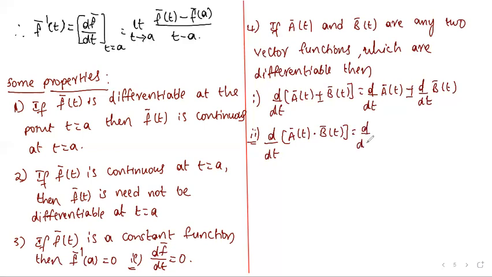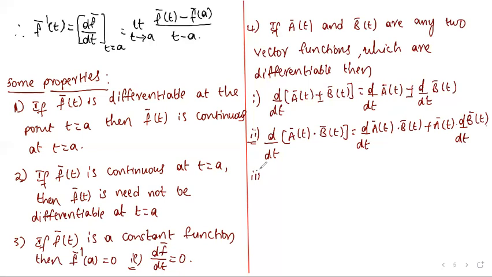And the second condition, d by dt of a bar of t dot b bar of t is equal to d by dt of a bar of t dot b bar of t plus a bar of t dot d by dt of b bar of t.